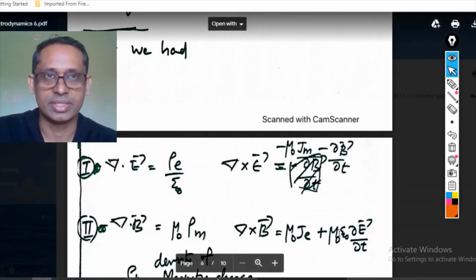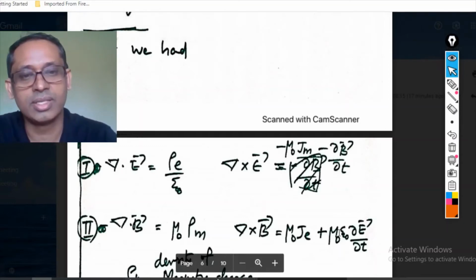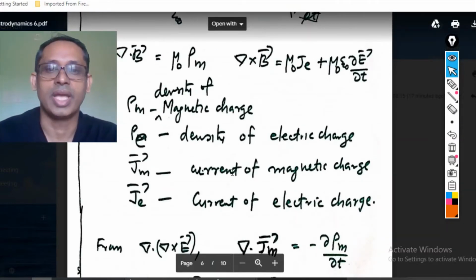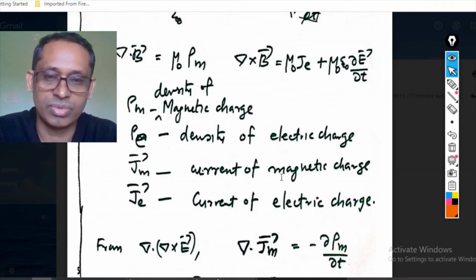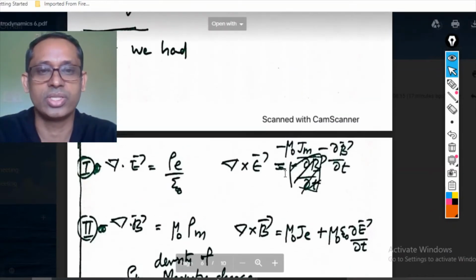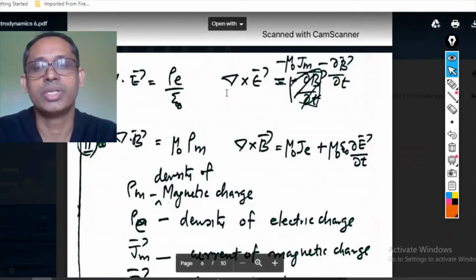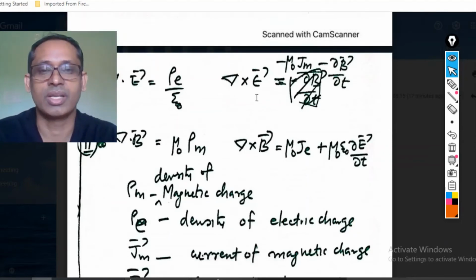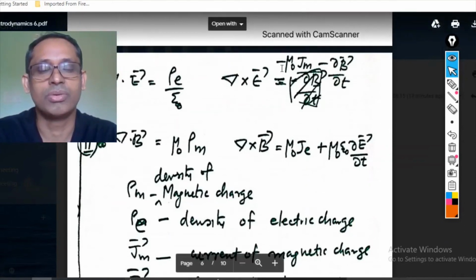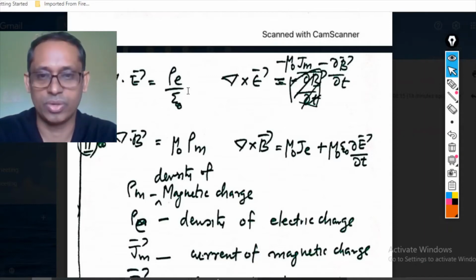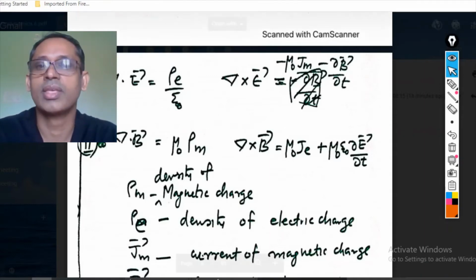This is kind of an imaginary situation. Jm is the current density of magnetic charge. Then the first equation set becomes del cross E equal to minus mu 0 Jm minus dou B by dou t, along with del dot E equal to rho E by epsilon 0.